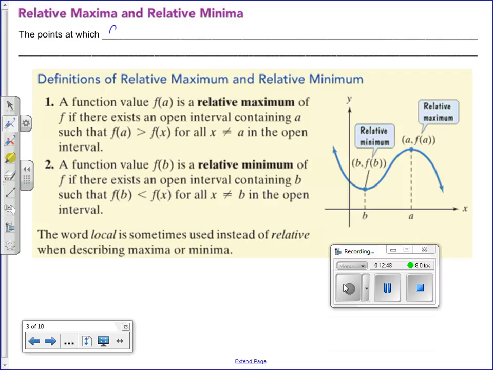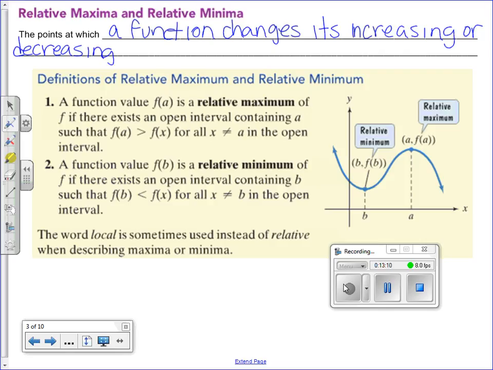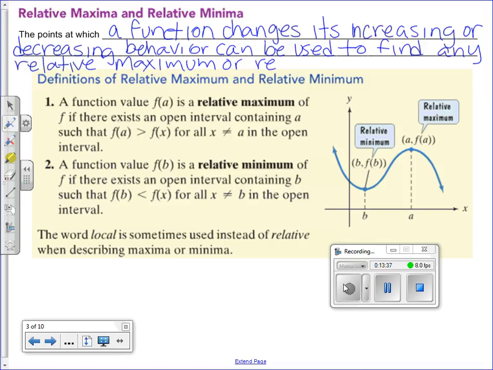So the point at which a function changes is increasing or decreasing behavior can be used to find any relative maximum or relative minimum.